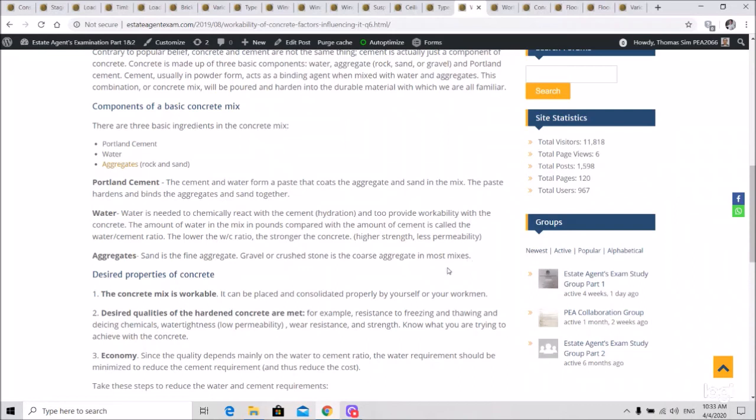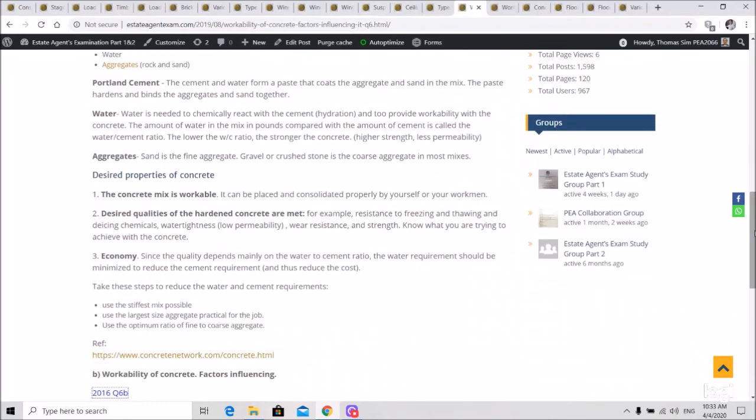But if you want to use this concrete inside the house, then you need to be concerned about its look. You probably want it to be better off, not so big stone. So the stone on the surface will not be too big, which means you need to use more fine stones.